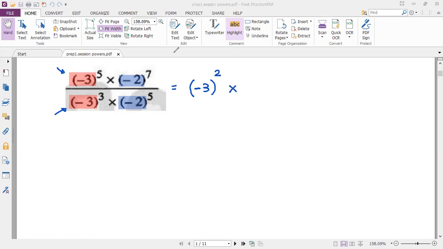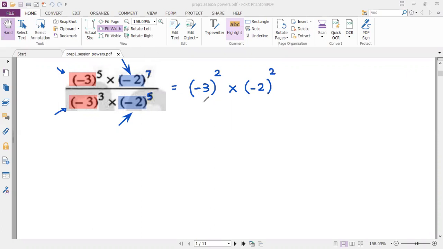Multiplied by, we have -2 at the top and -2 at the bottom, so they are like bases. We are going to write -2, the base, and then subtract the powers. 7 minus 5 equals 2. The power minus the power.